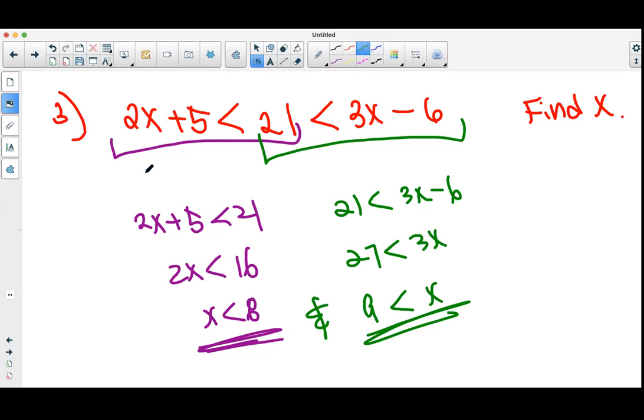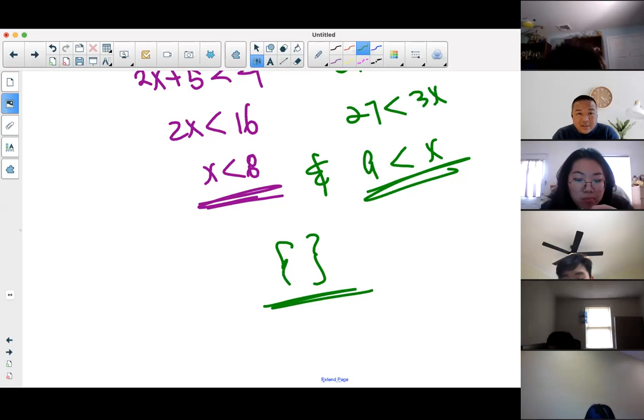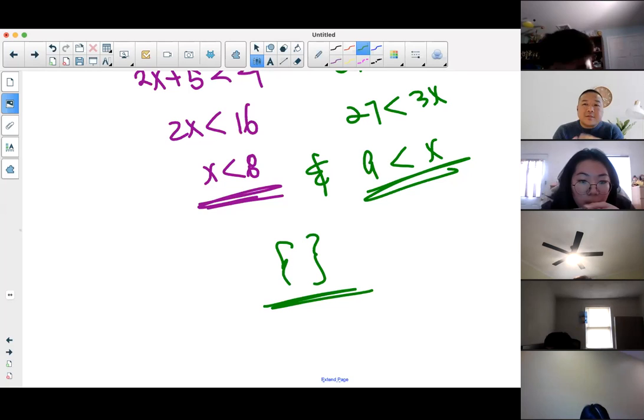When you have 3 things going on, "and" is assumed. Is there any such number that's less than 8 but greater than 9? No, this is not possible. So our final answer would be no solution. Is that clear, guys? When you have 3 things going on, "and" is always the connecting word between those inequalities.